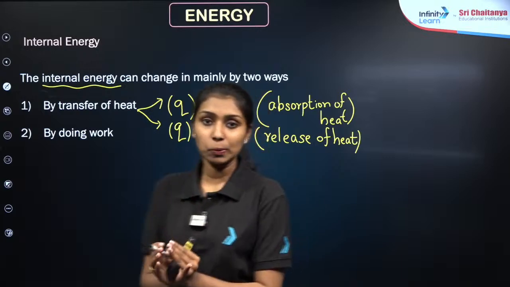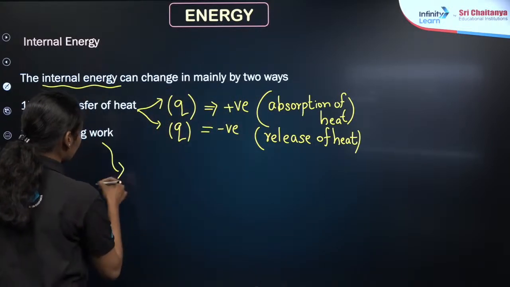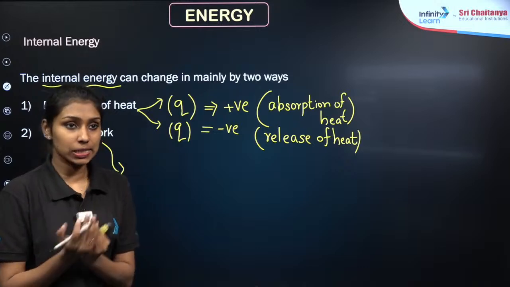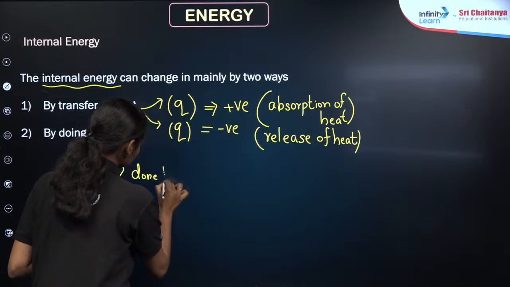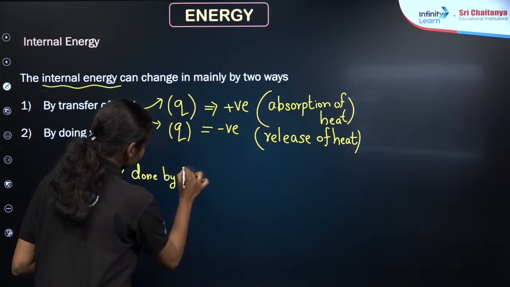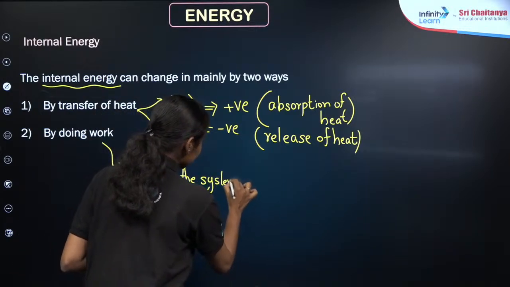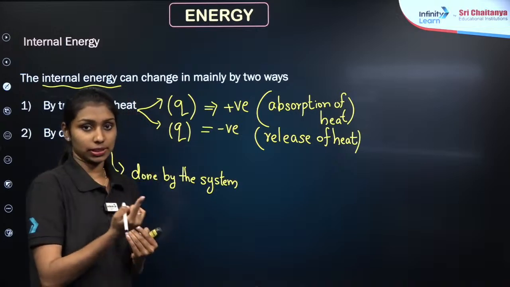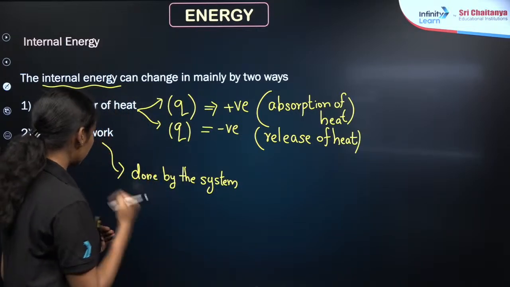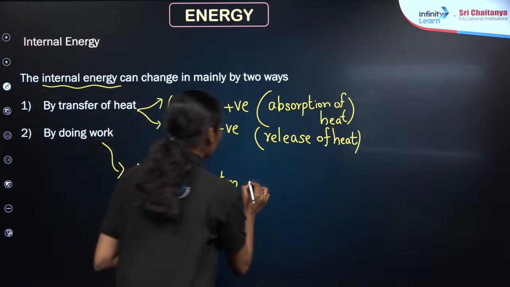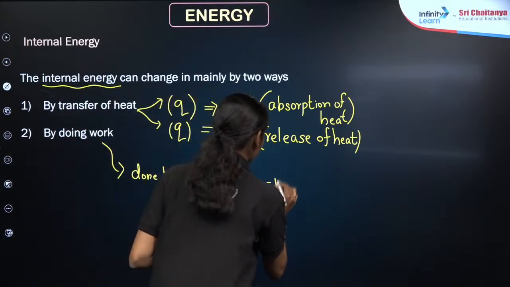We have already studied the system and surroundings. If the work is done by the system, the sign of W will be negative.